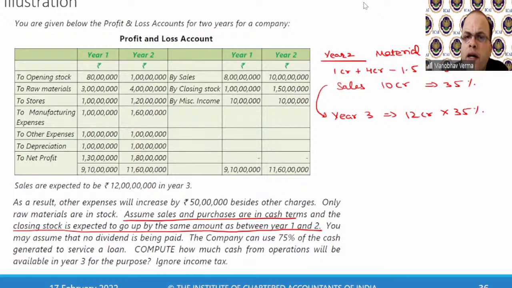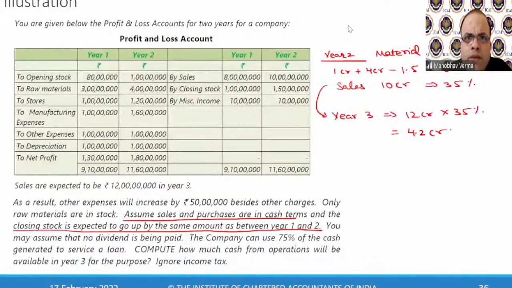So 12 crore into 35%, we're looking at 4.2 crore. So that's what the material consumed is. And anything else we are given here? Expenses will be increased by 50 lakhs. So we have expenses given to us as 1 crore, so we're looking at 1.5, and everything else remains the same. Am I correct, guys?